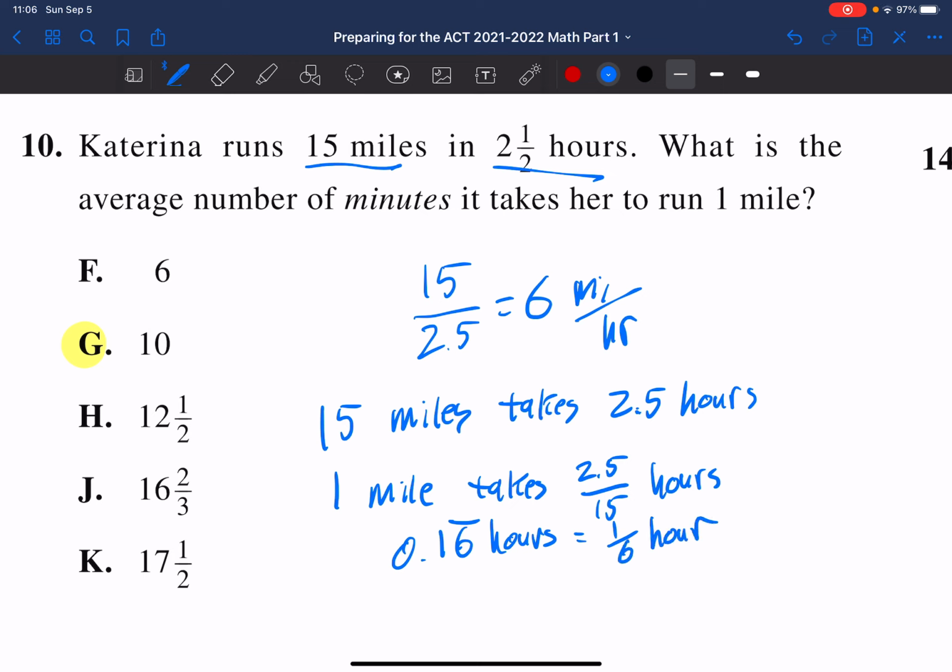But the problem says what we want is the number of minutes. So since we want the number of minutes, we multiply that by 60 minutes, and what we get is 10 minutes. And so that there is one way to approach this problem.